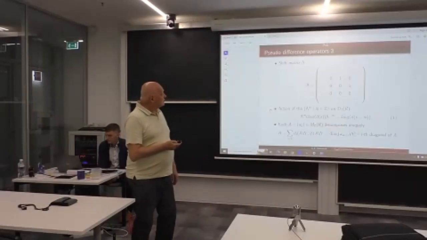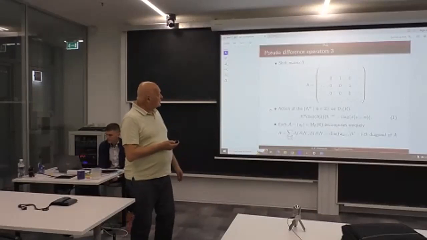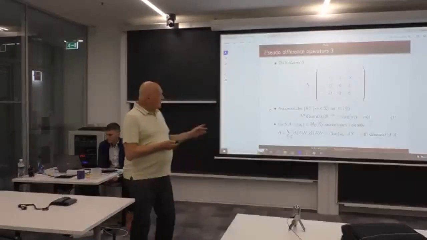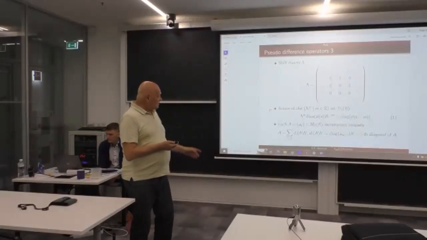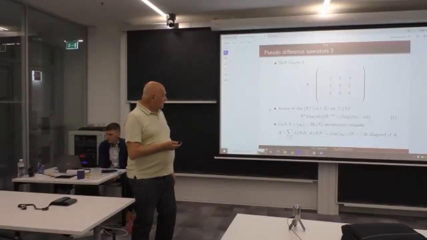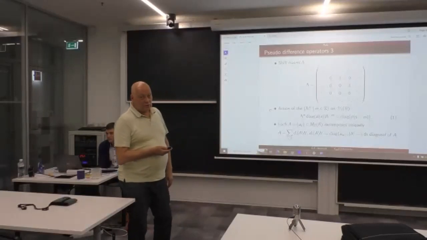Now, the second operator that you use is the shift matrix lambda. It acts on the diagonal matrices by shifting. And like this, you can decompose any Z×Z matrix in diagonals.